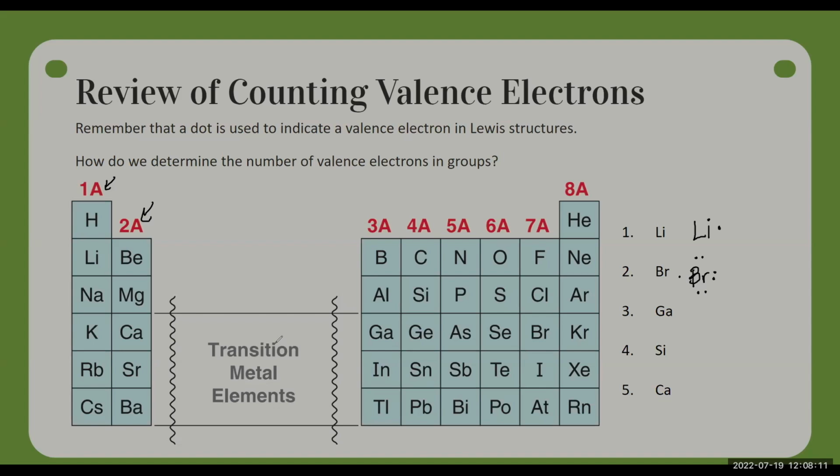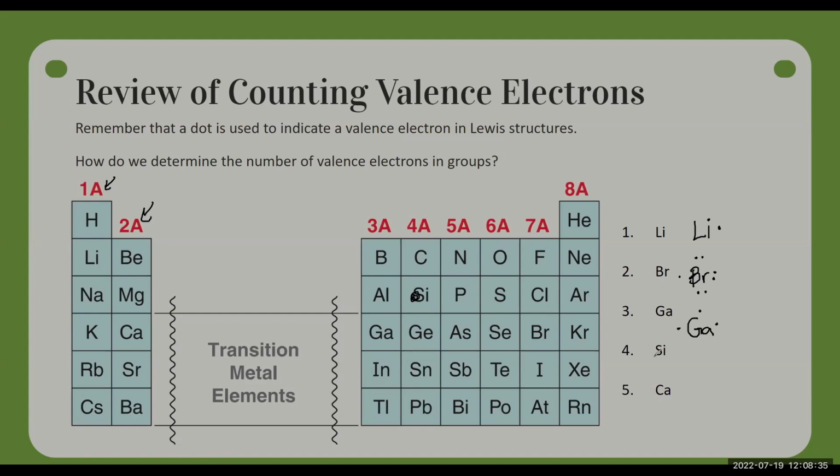Let's look at gallium. That one is under group 3A, so gallium has a total of 3 valence electrons. So we can do 1, 2, 3. Next, we have silicon, right over here.